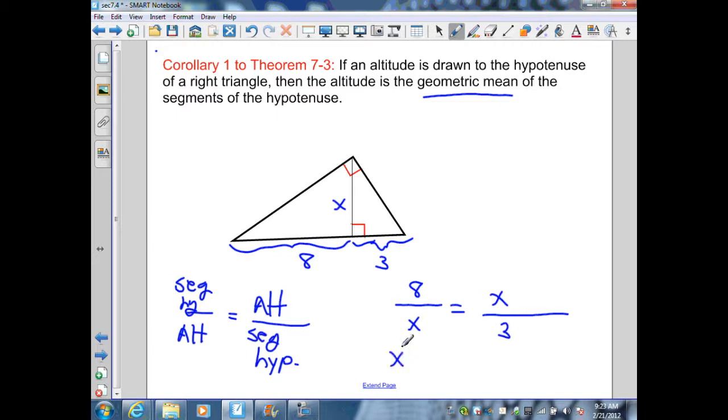Therefore, x squared is equal to 24. Take the square root of both sides, and I simplify the square root of 24, 2 factors being 4 times 6, and that gives me x equal to 2 square roots of 6.